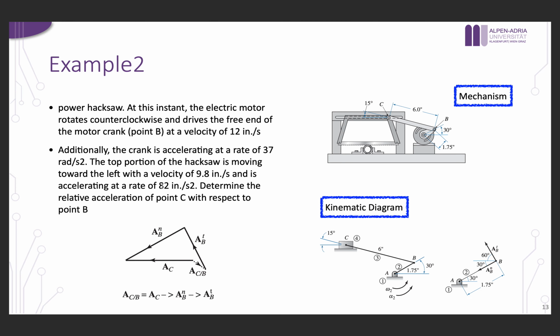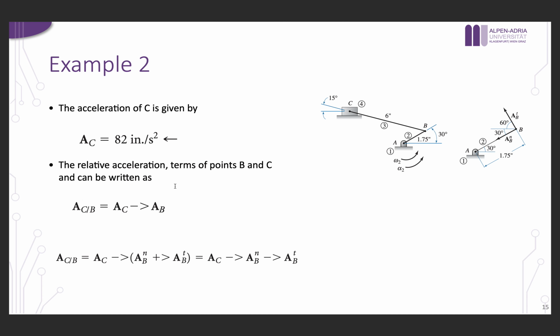So this was basically the velocity and the acceleration of C. Now the relative acceleration between points C and B, which is what we want to get, is written as the relative acceleration A_C minus A_B, because the acceleration of point C is equal to the acceleration of point B plus the relative acceleration between them, and here we are just reorganizing it.